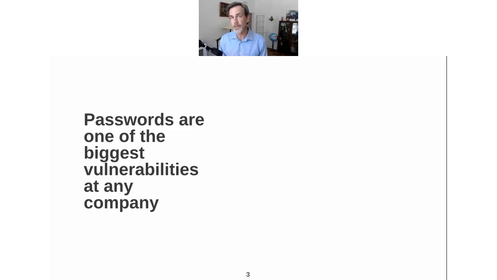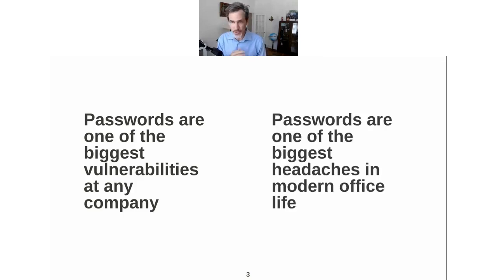Many of our most sensitive systems with our most sensitive data, including PHI, protected health information, are protected by nothing more than one password that was chosen by one user who was untrained, tired, worn out, and burnt out when they chose that password, or when they reused the password that they've been using for the last 20 years. So passwords are one of the biggest vulnerabilities at any organization.